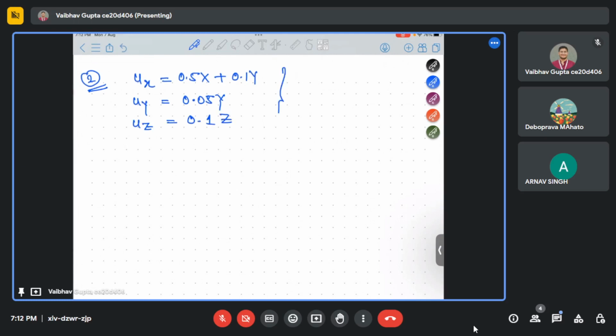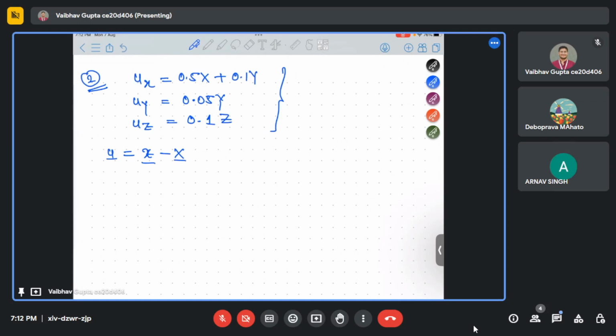This is given. So whatever problem is given to you like this, you first do it in a stepwise procedure. What is u? U is nothing but small x minus capital X. This is what we learned so far. So you put each equation one by one.